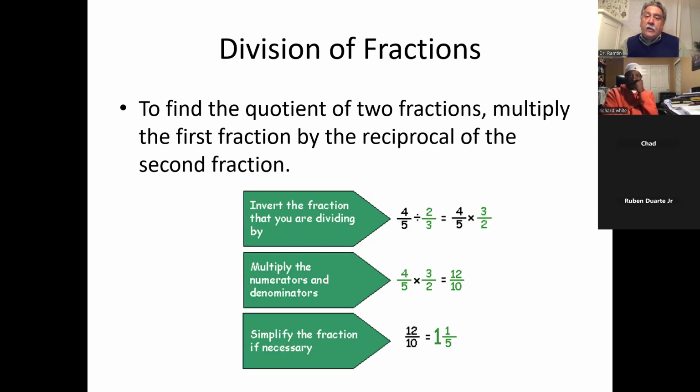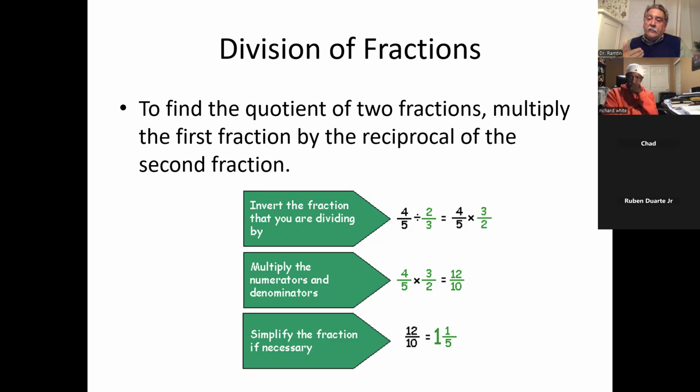Now, when we want to divide fractions, the only thing you need to remember is that in a division, you just invert the second fraction. 4/5 divided by 2/3 is the same as 4/5 times 3/2. Then you multiply the numerators, 4 times 3, 12, and the denominators, 5 times 2, 10.